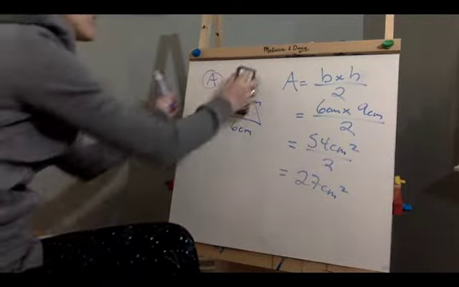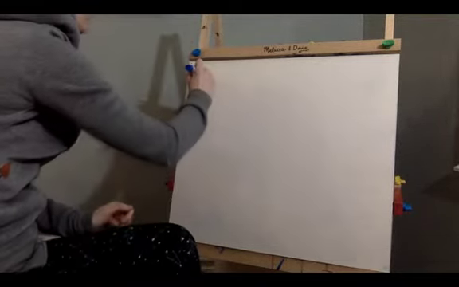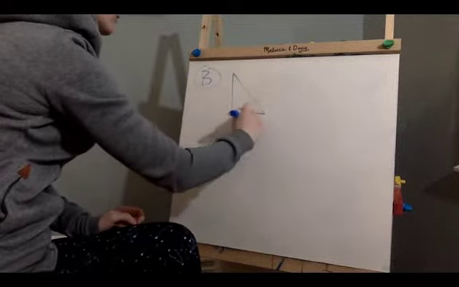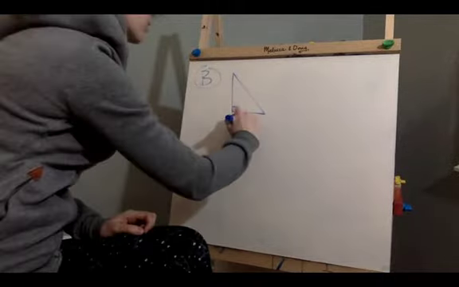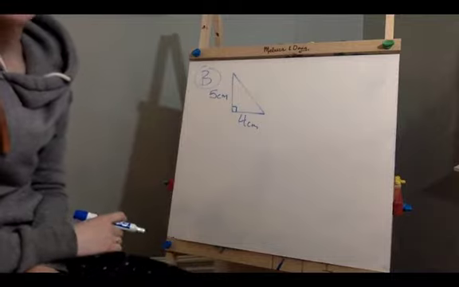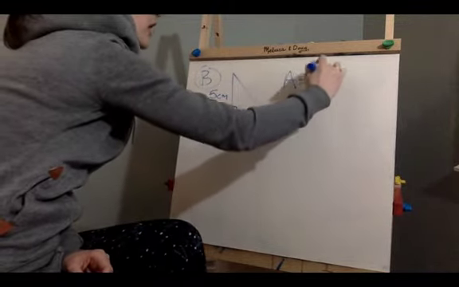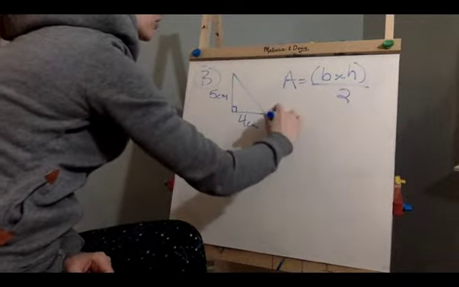Okay, for B, you have a right angle triangle that looks like this, right? And you've been given that the value down here is 4 centimeters and this value here is 5 centimeters. Okay, so again, this is a triangle, so the area of our triangle is calculated by taking the base, multiplying it by the height, and dividing it by 2.